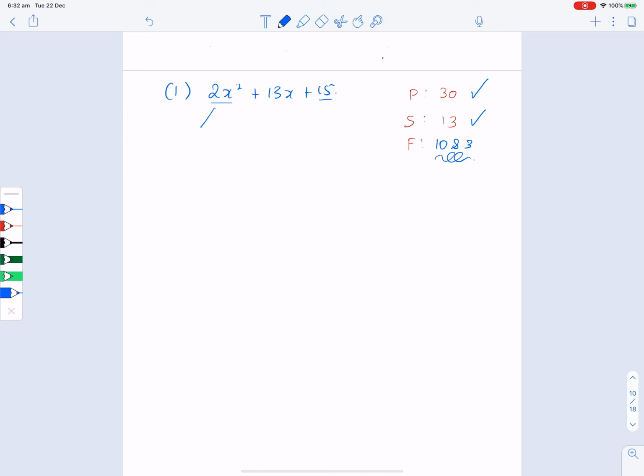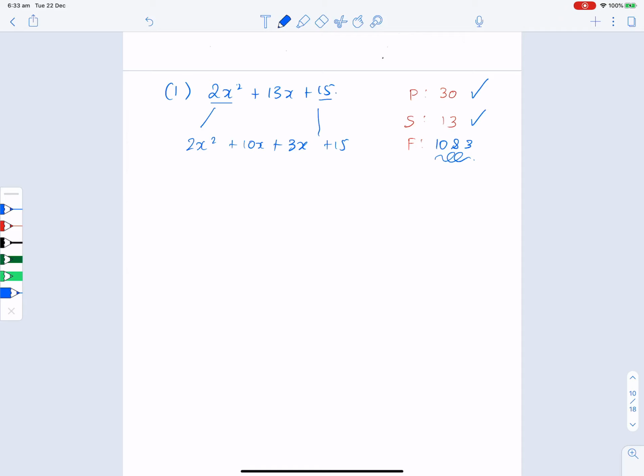So, leave the 2x squared alone, leave the 15 alone, but rewrite the 13x as plus 10x plus 3x. So all we've actually done here is basically expanded that middle term. But to expand that middle term, we had to find the two factors, the 10 and the 3.